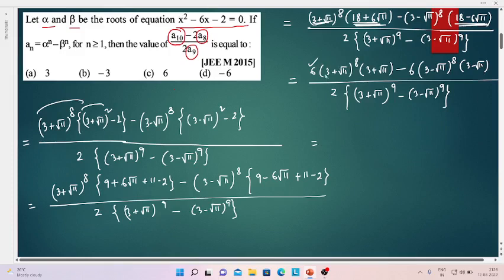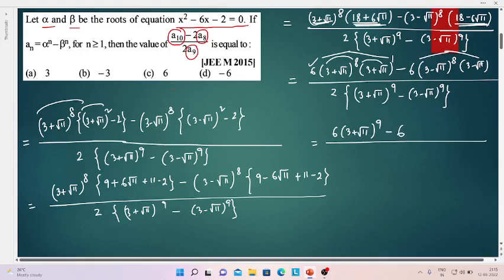So here you can see the value will be 6 times, (3 plus root 11) to the power 8 and (3 plus root 11) to the power 1, so if we write this in one part, it will be (3 plus root 11) to the power 9, minus 6 times, similarly, (3 minus root 11) to the power 9, and the denominator part will be as it is, 2 times (3 plus root 11) to the power 9 minus (3 minus root 11) to the power 9, right?